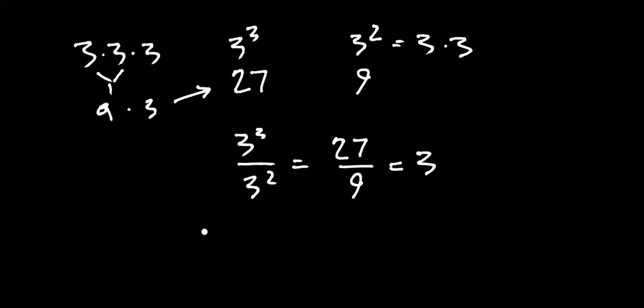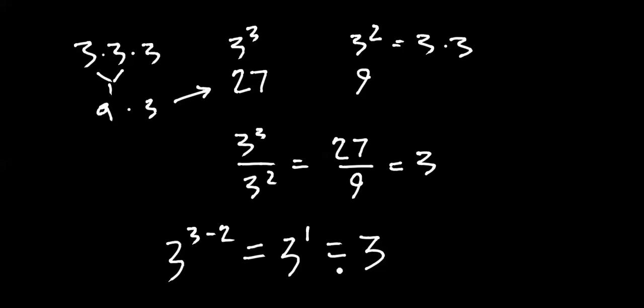The other way of writing something like this is 3 to the power of 3 minus 2. And here you actually do subtraction, so that equals 3 to the 1, which is also just simply 3.